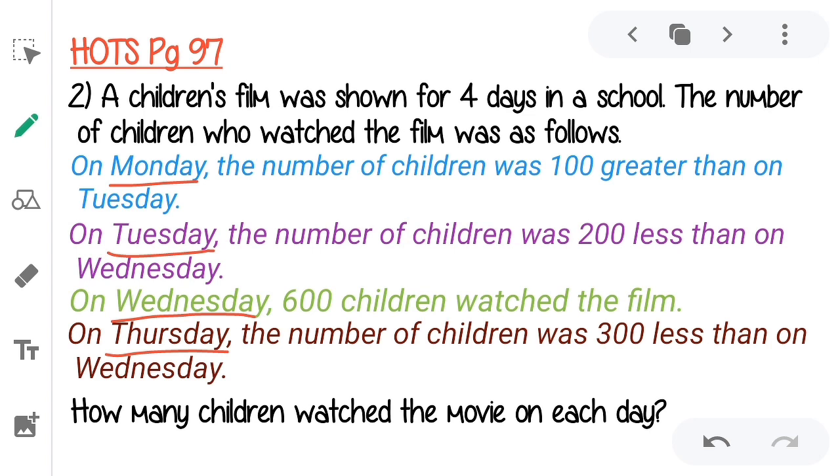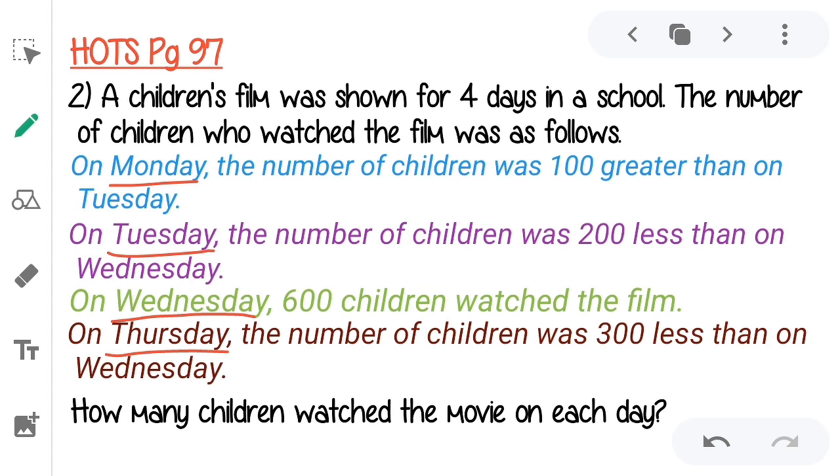On Monday it is given the number of children was 100 greater than on Tuesday. Okay. That means the number of people who watched on Tuesday, if you add 100 in that, you will get the number of children who watched on Monday. Okay. Now coming to the next day, that is Tuesday.